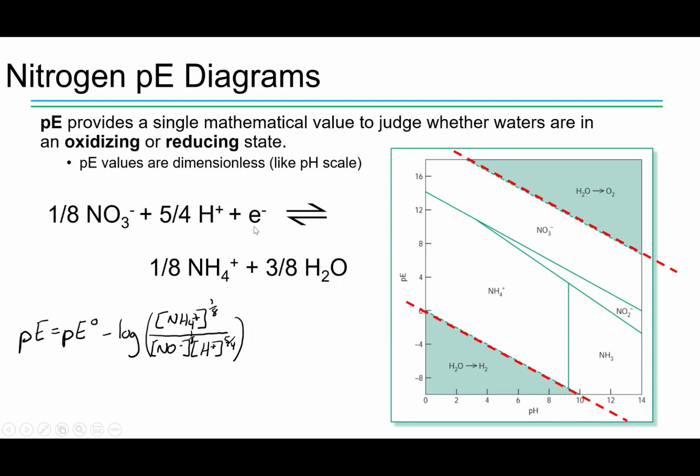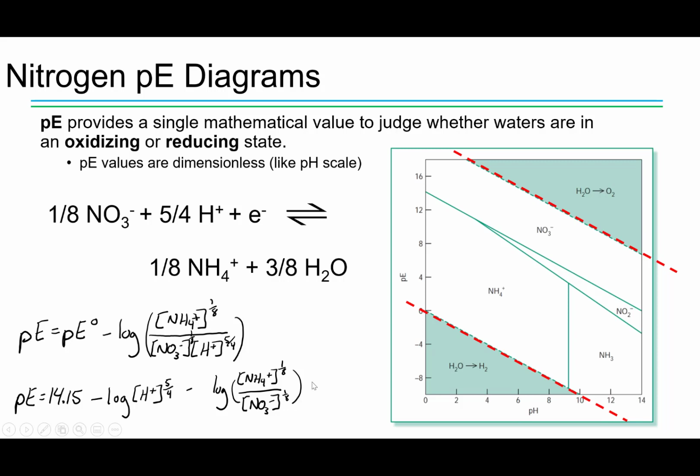Only the electron doesn't appear in the reaction quotient. Our expression now says that the pE, the negative log of the electron activity, is equal to 14.15 minus the log of the proton concentration to the 5/4 minus the log of the ammonium concentration to the 1/8 divided by the concentration of nitrate raised to the 1/8.